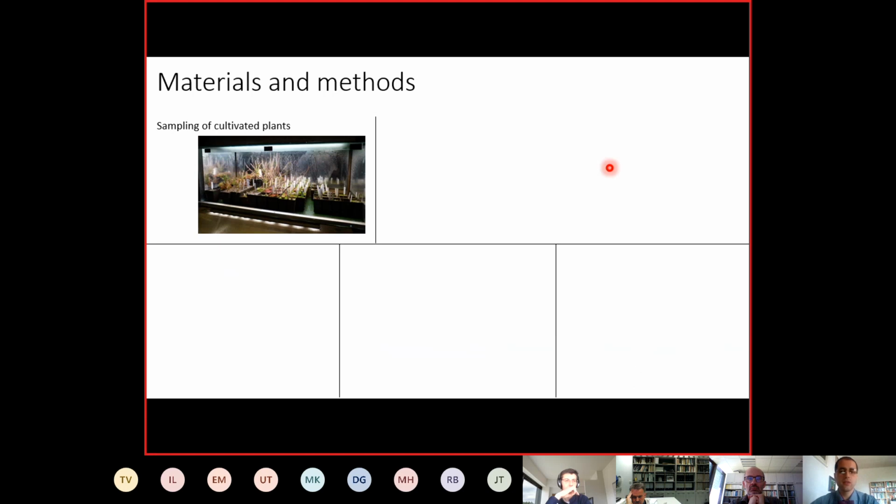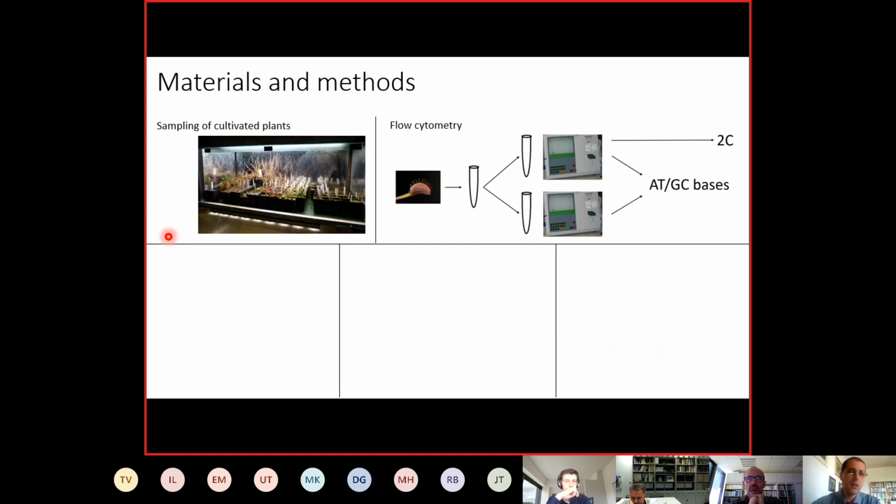To analyze the genomes of carnivorous plants, we sampled cultivated plants from collections of plant enthusiasts and botanical gardens. We analyzed them on flow cytometers for the total genome size and AT-GC ratio of the genomic bases.